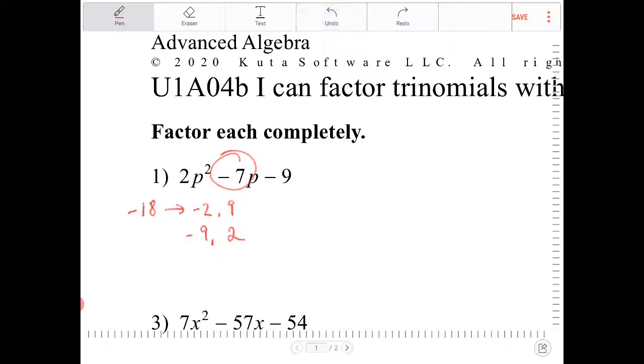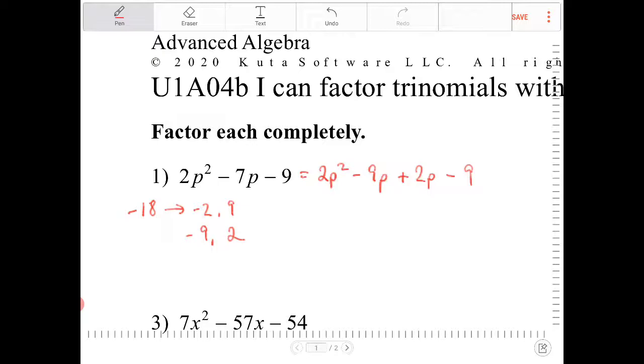So what we're going to do is rewrite this as 2p squared, and we can break up the negative 7p into minus 9p plus 2p, minus 9.